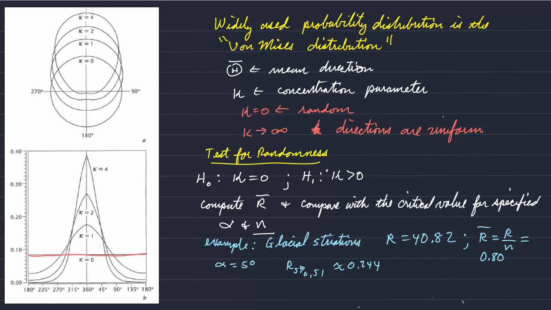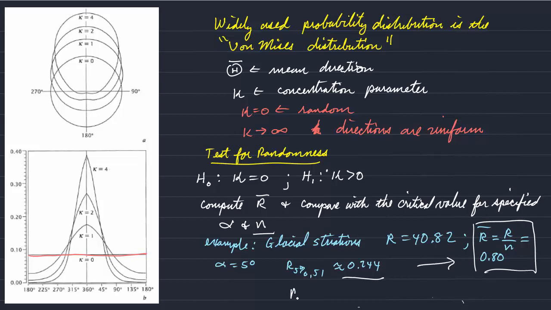And we find that R is much bigger than 0.24, meaning, oh, I'm sorry, I should be looking at the normalized value, not the non-normalized value.